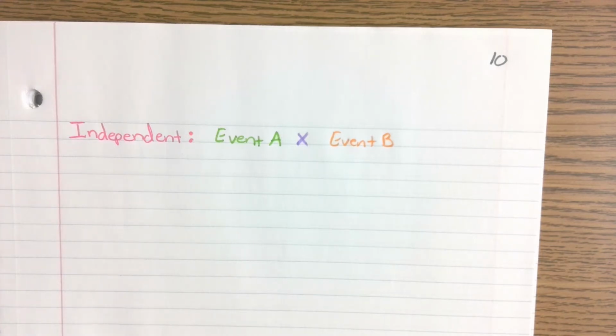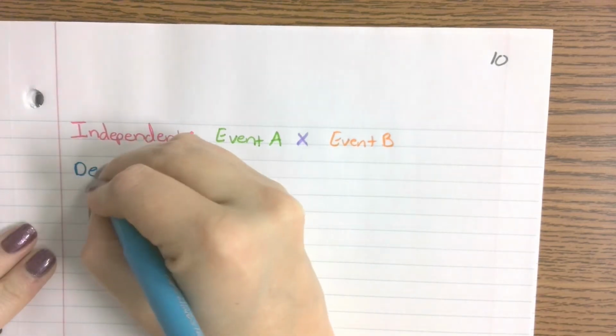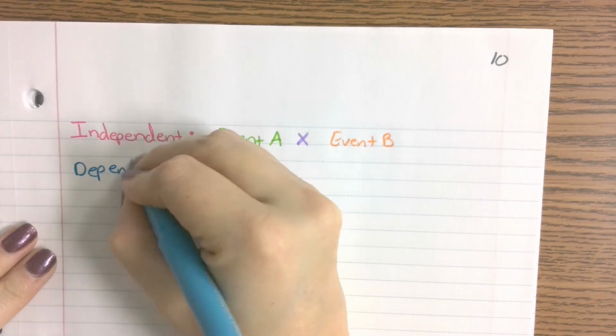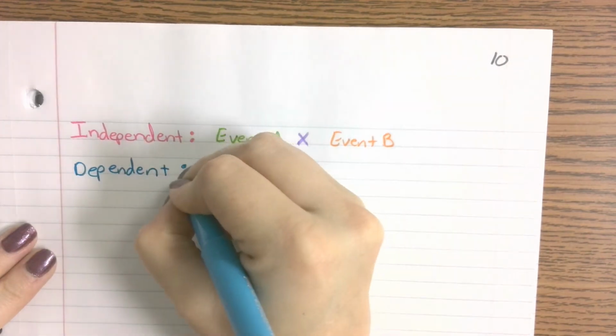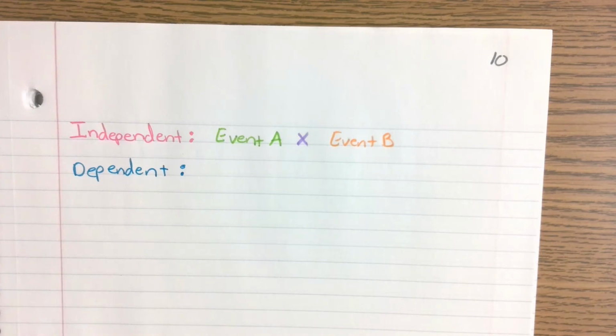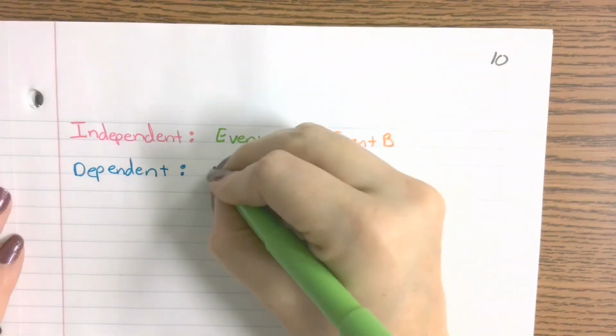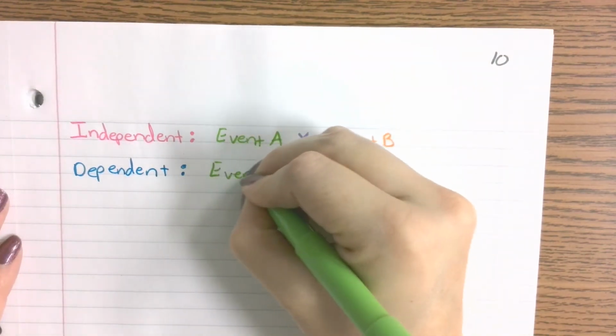With dependent probability, that's a little bit different. You still have the probability of event A, just like normal.